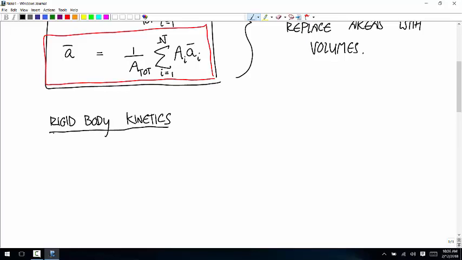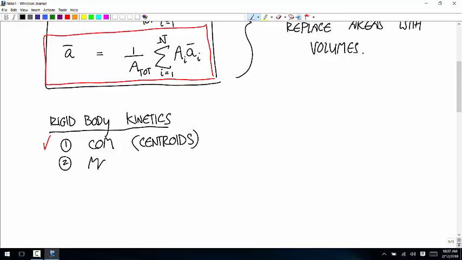And in order to do rigid body kinetics, there were 3 things that we had to define. Center of mass, which I mostly talked about just as a calculation of centroids. In all the cases that we're going to consider, they are the same thing. Done with that.